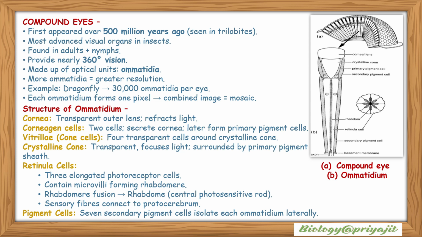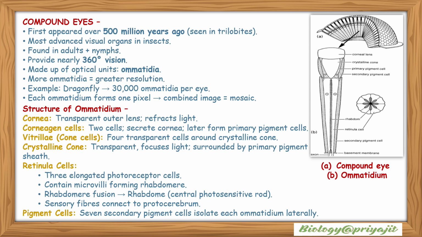The structure of ommatidia: the cornea, a transparent outer lens, refracts the light rays. Corneagen cells, two cells that secrete the cornea and later form primary pigment cells. Vitreolar cone cells, four transparent cells around the crystalline cone. The crystalline cone is a transparent structure which focuses light, surrounded by a primary pigment sheath.